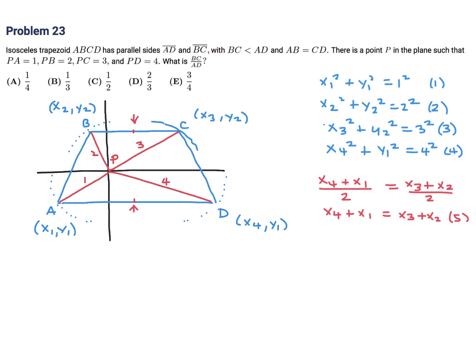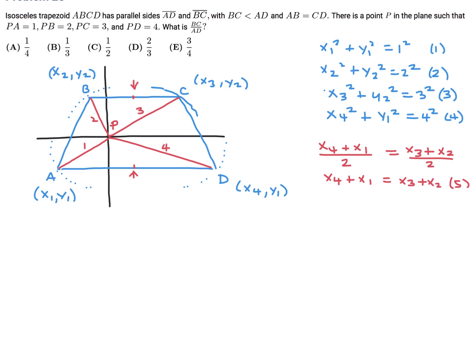Okay, so now let's work with this. Let's look at these equations. The first one I want to use is equation 3, and from that I'll subtract equation 2. When I do, I get x3 squared minus x2 squared is equal to 5. And then I'll take equation 4 and subtract from it equation 1.